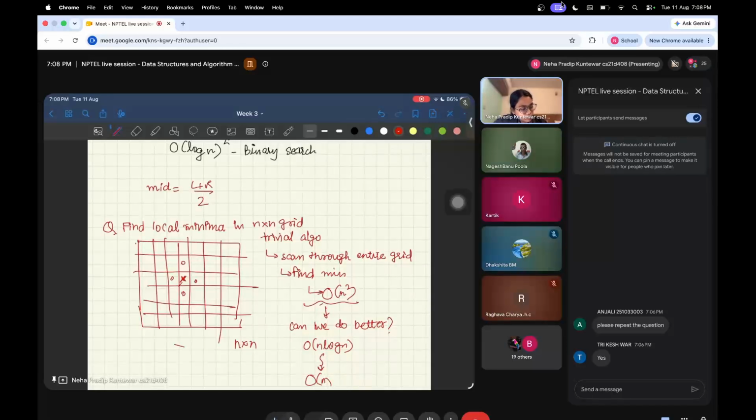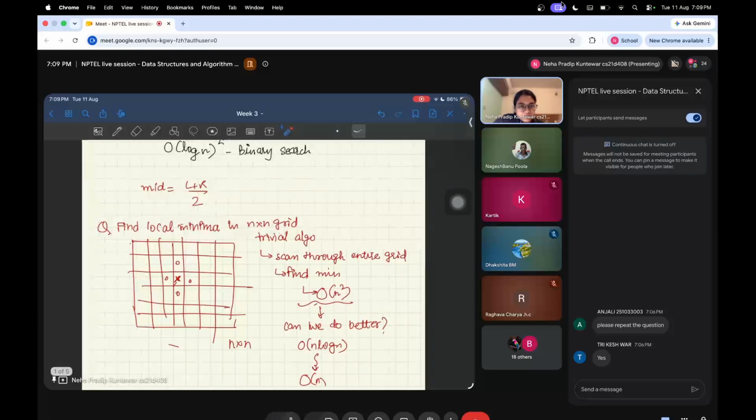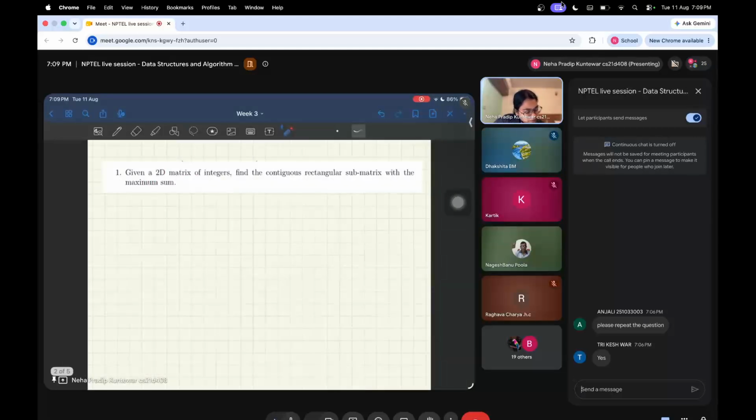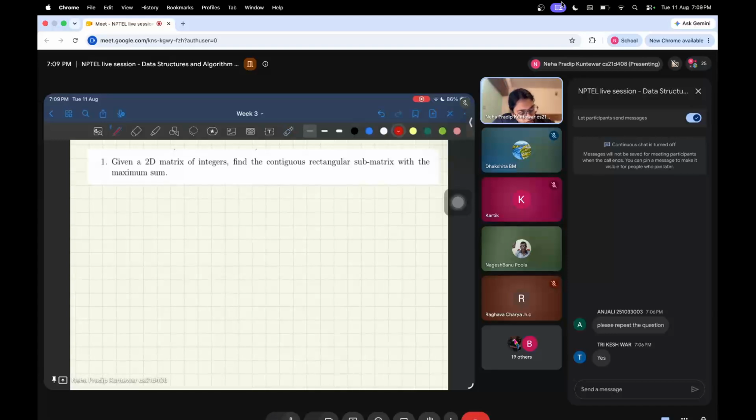Both of these ideas are divide and conquer strategies, but this is a stronger one. You start with a stronger hypothesis, prove your invariant, and you end up getting an order n time algorithm. Whenever we look into questions about this, if something is not clear, then please raise the question.